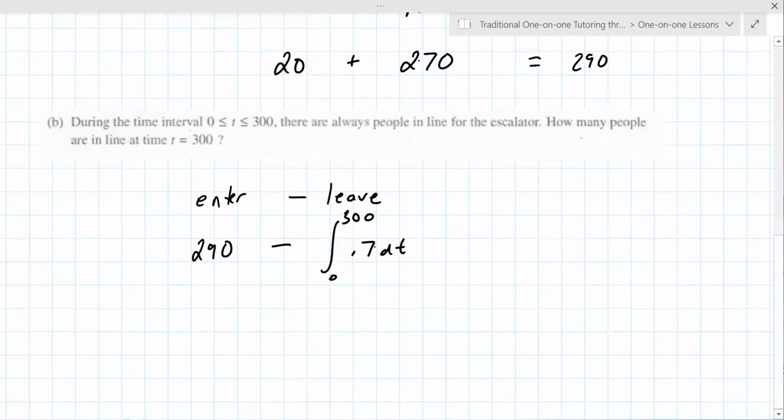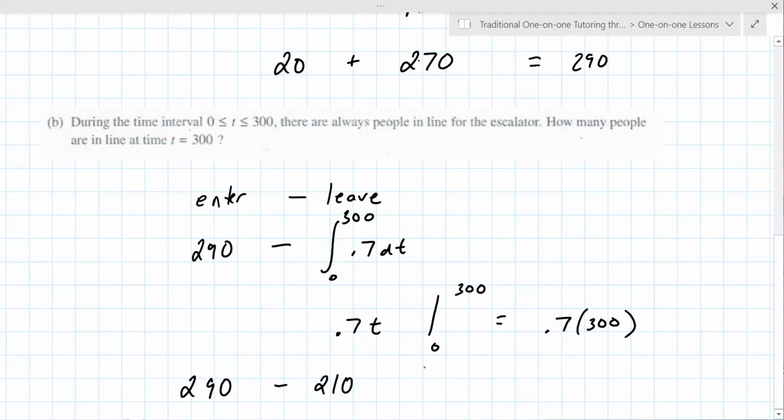Okay, and this one you can actually do by hand. It's a 0.7 t antiderivative evaluated at the endpoints. So that's 0.7 times 300, which is 210. So it's 290 minus 210, which equals 80.